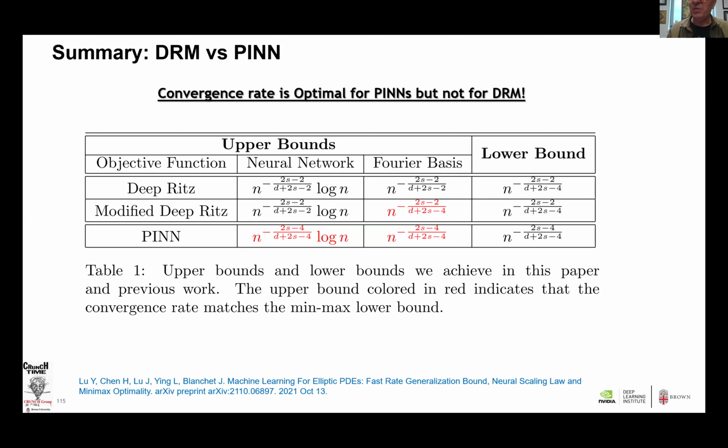The strong-form PINNs have the second derivative, so it's actually the H2 norm. And that's why you see this extra exponent here, this faster convergence.